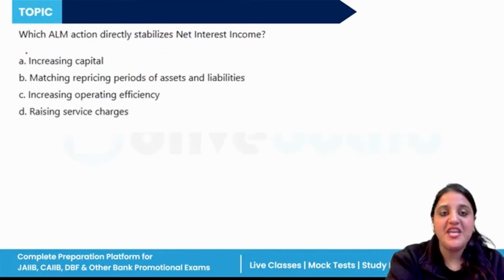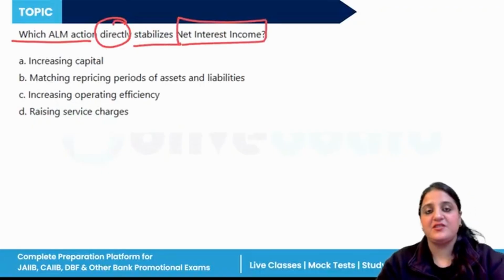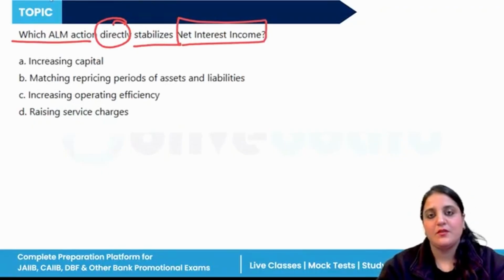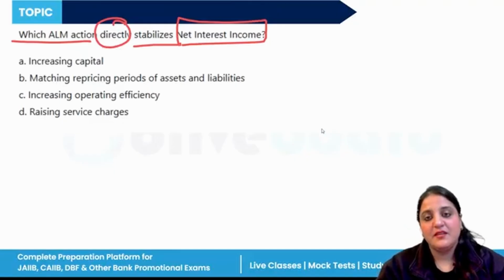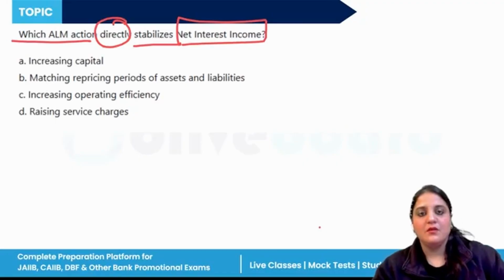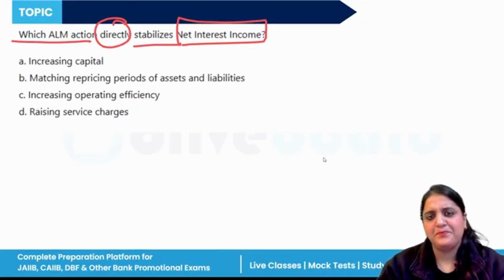Now, which ALM action directly stabilizes net interest income? Very simple, you can think like that.